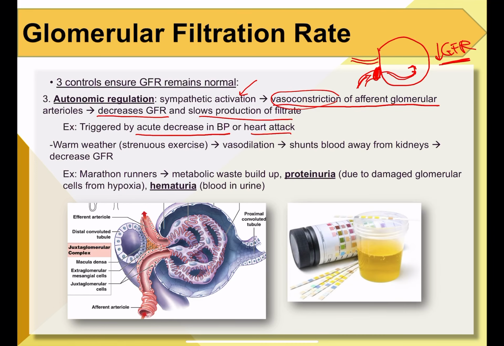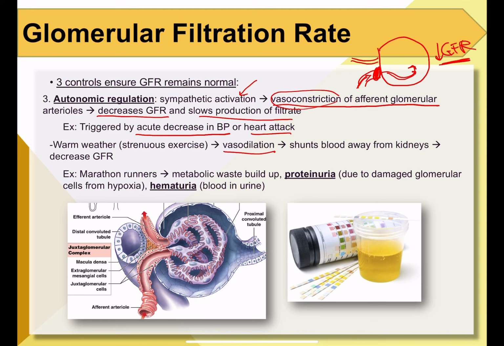Now, the other thing that can cause a decrease in GFR is strenuous exercise in warm weather conditions. So when you're exercising really strenuously, like running a marathon, it causes vasodilation because you're hot. This is something we didn't go over from chapter 25, but when you're hot, heat can escape out of your body by vasodilation.